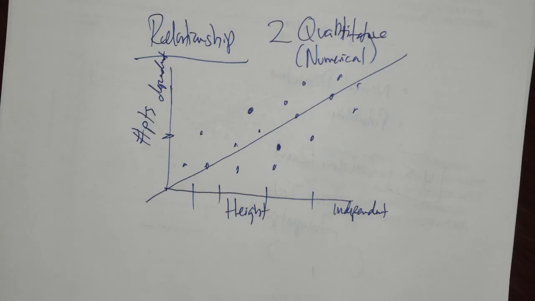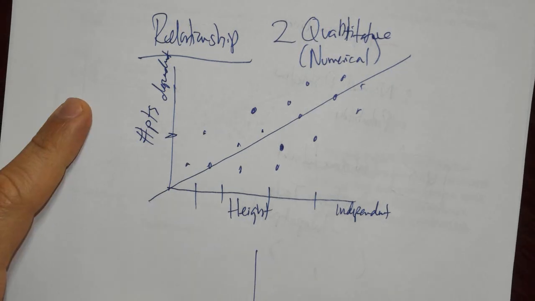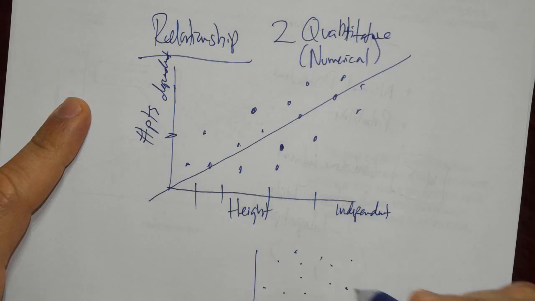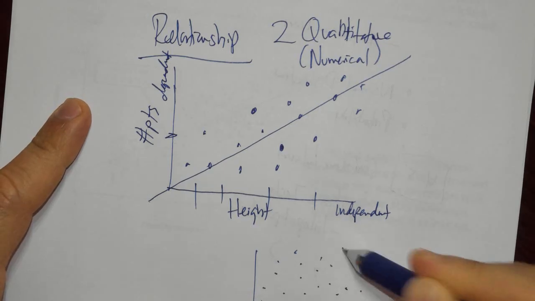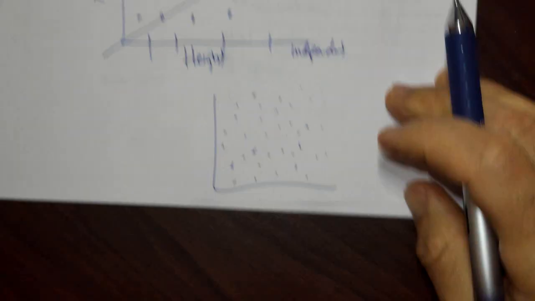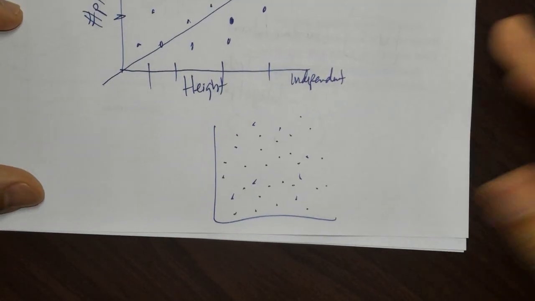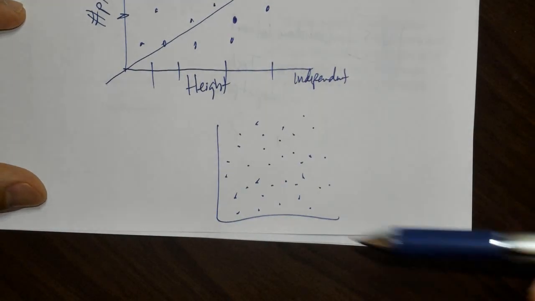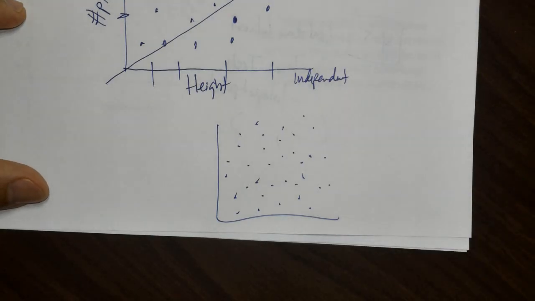If there isn't one, then you're going to see a scatter plot that looks like this. When it's all scattered, it's really hard to see any relationship, because one does not help me predict the other. Knowing the height does not help me predict the other variable.